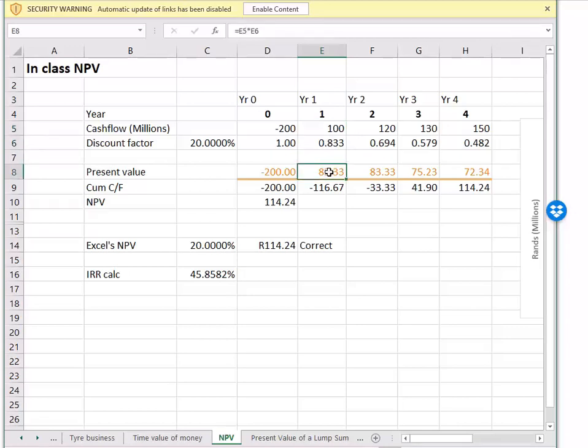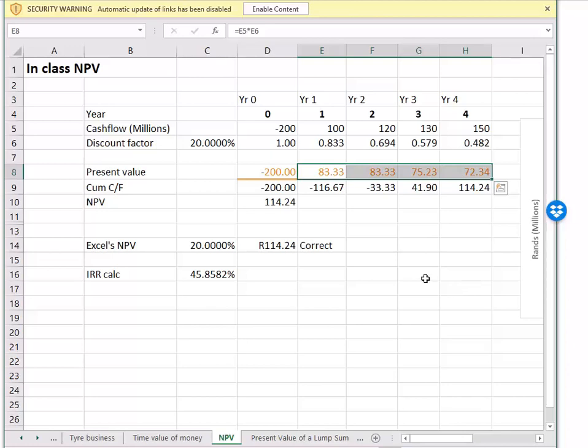Multiply it by the factor and you get the present value. And we repeat this process for each of the years, and this is the discounting process, if you want, in order to determine what are the future cash flows after they've been discounted and after we've adjusted for inflation and risk.